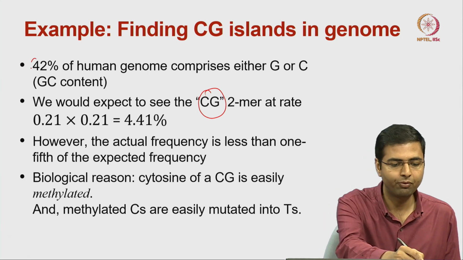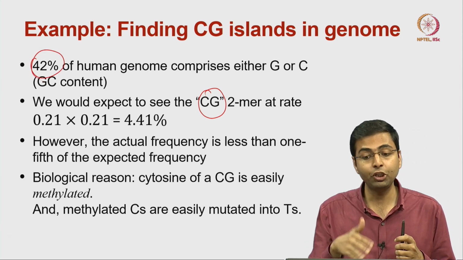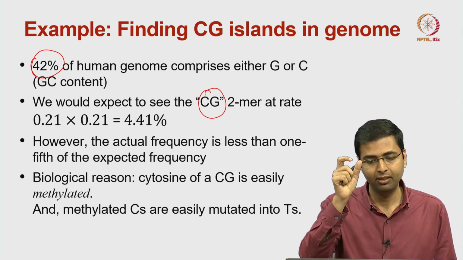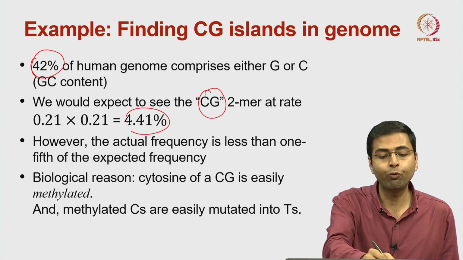So, because the fraction of the genome comprising either G or C is 42%, one would expect that CG would occur at a rate of 4.41%.